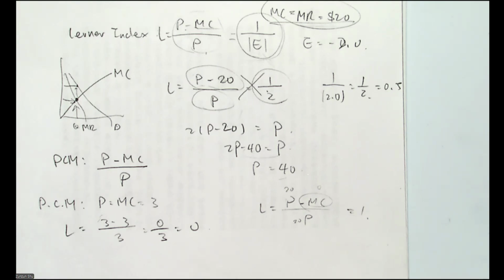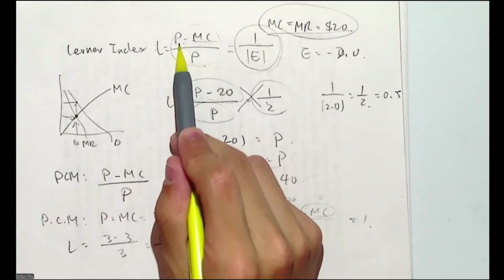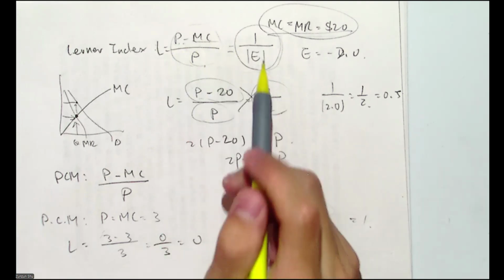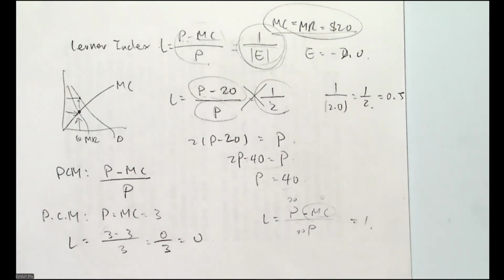So yeah, that's 6, 7, 8. Any questions here? Yeah. I just wanted to clarify the answer to question 6. Is it 2? No, it's not. Sorry, we could more directly use 1 over E. The Lerner index is 1 over elasticity.